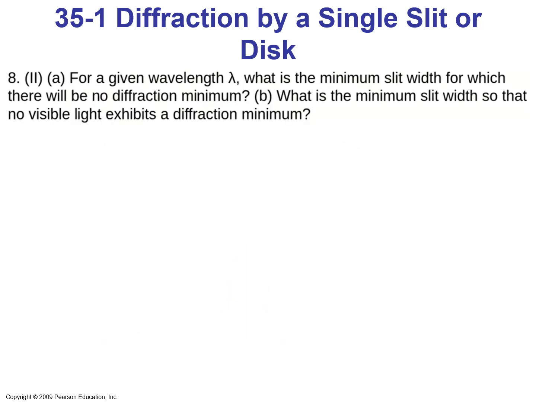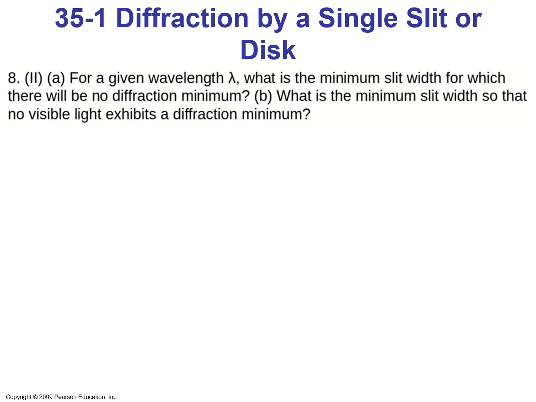As an example, let's go through problem number 8 in the book. For a given wavelength lambda, what is the minimum slit width for which there will be no diffraction minimum? What is the minimum slit width so that no visible light exhibits a diffraction minimum?